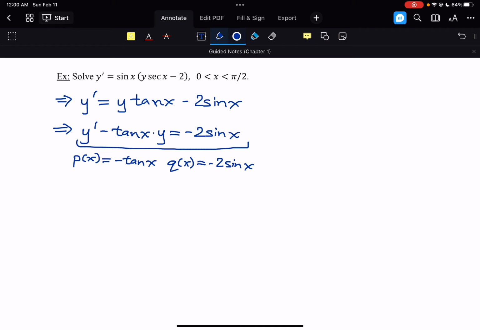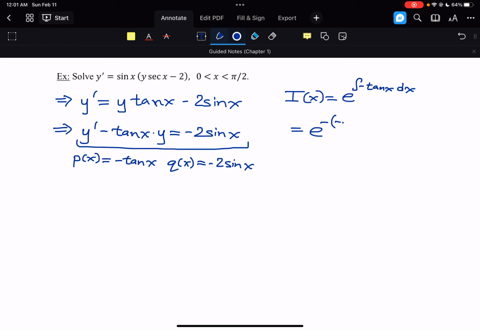So I of x, that's e to the integral of negative tangent of x dx. The negative will stay out there, but the antiderivative of tangent does introduce another negative.